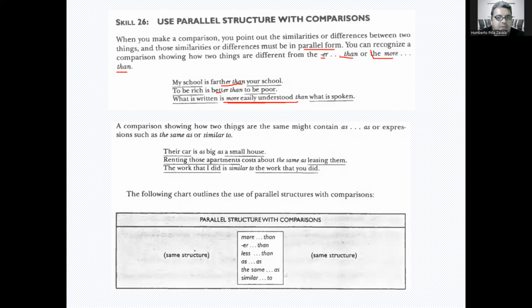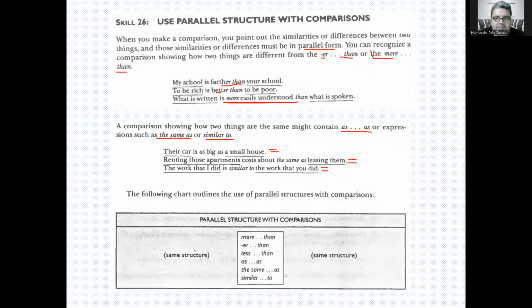A comparison showing how two things are the same might contain as, or expressions such as the same as, similar to, you know. Their car is as big as a small house, so the same level. Renting those apartments costs about the same as leasing them, same level. The work that I did is similar to the work that you did.